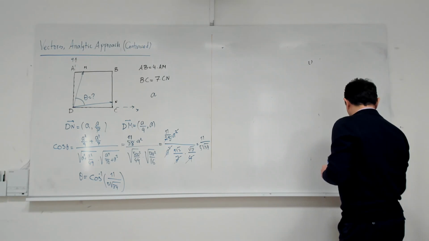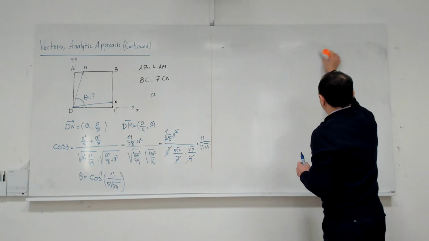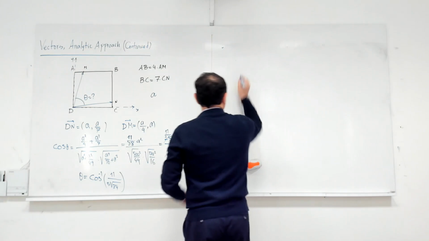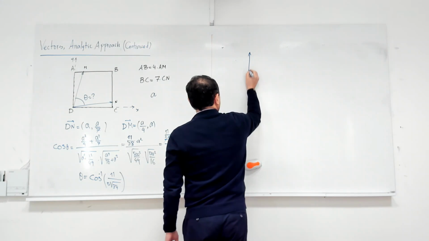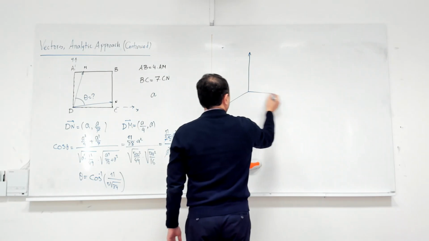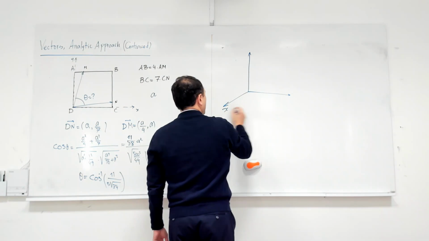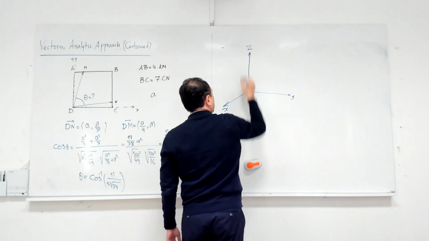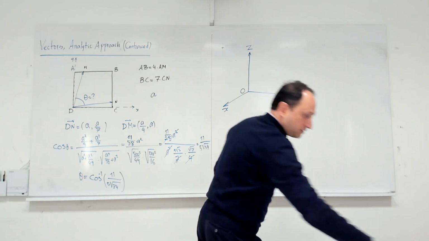Okay, so if I give you a vector, so let me just have this three-dimensional coordinate system here. So here we have x, y, and z, and here is the origin. And let me have this vector, for example.